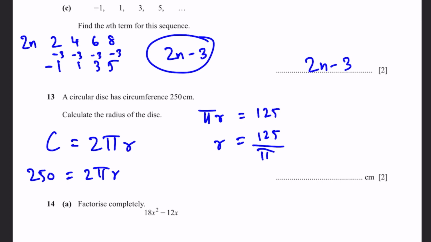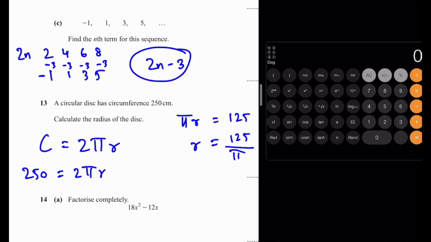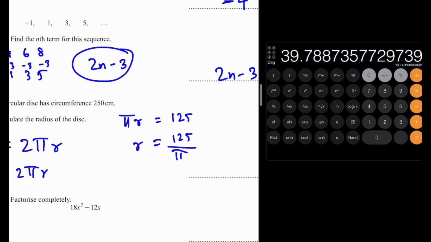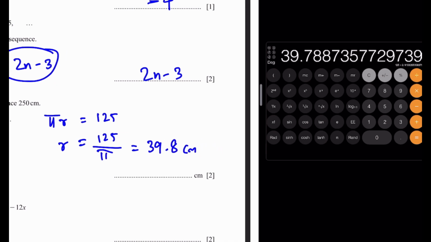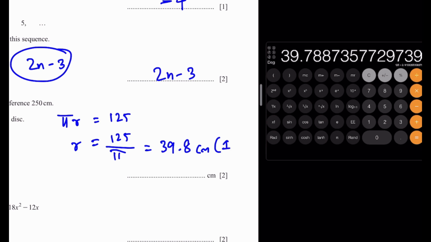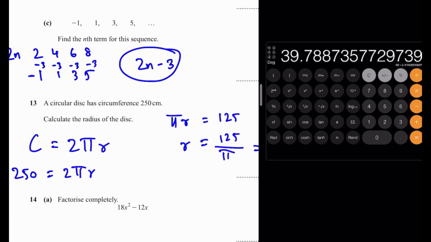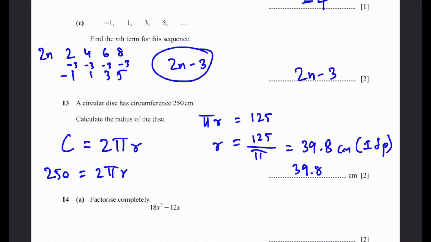Let's get our calculator to do this. 125 divided by pi. And that's equal to 39.8 centimeters. And that's 1 decimal place. 39.8 centimeters.